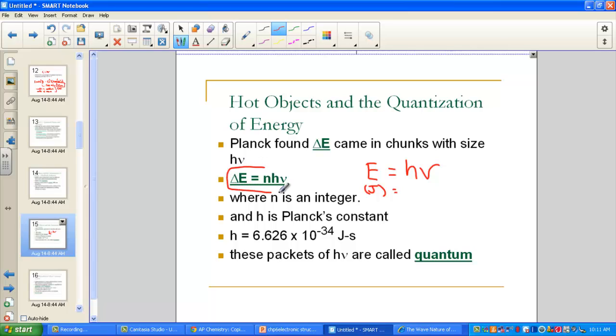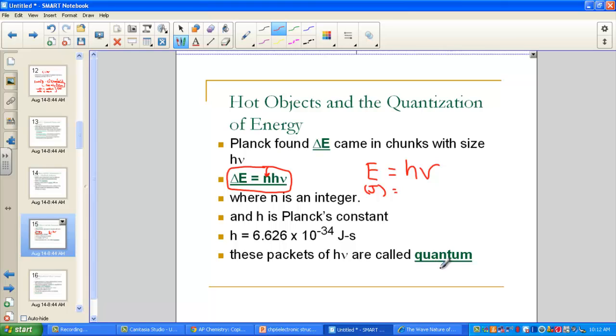If you see the expression delta E equals n h nu, n stands for an integer, 1, 2, 3, a whole number. Where there are only discrete chunks of energy, it will never come out to be half a step or three quarters of a step, but always a full step of energy being released.